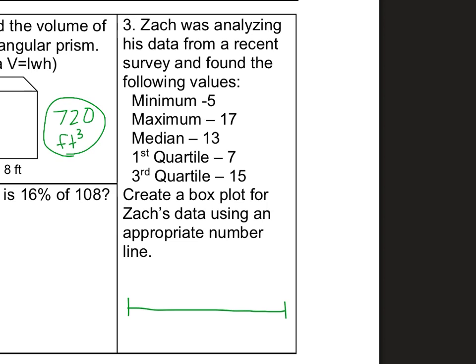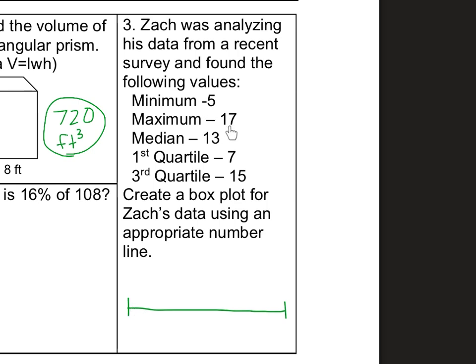Okay, so good review on a box plot here using these numbers. These are all we need to make a good box plot, but we do need to pay attention most importantly to the minimum and the maximum in order to evenly distribute our number line. So for me, I'm not going to start at 5. I like going by 5s to include numbers, but I'm going to start before 5 so that I have a little space between where I start.